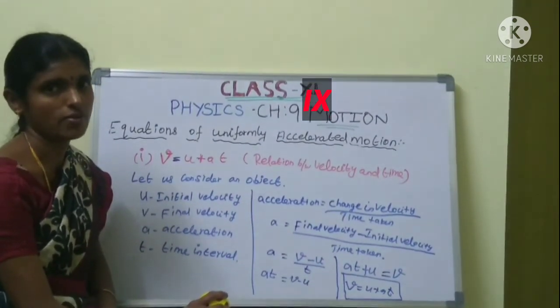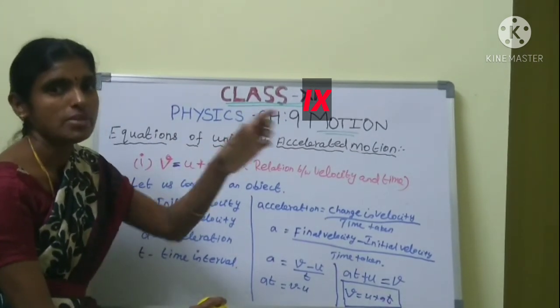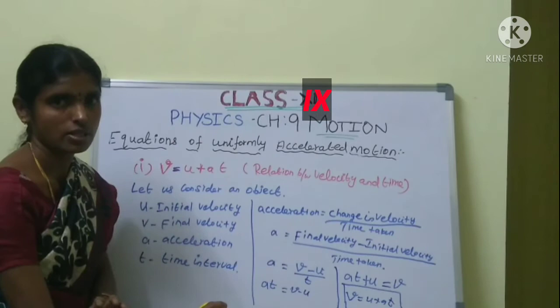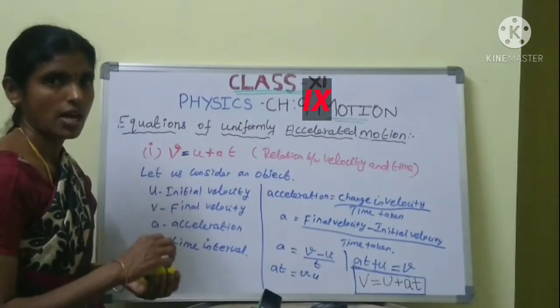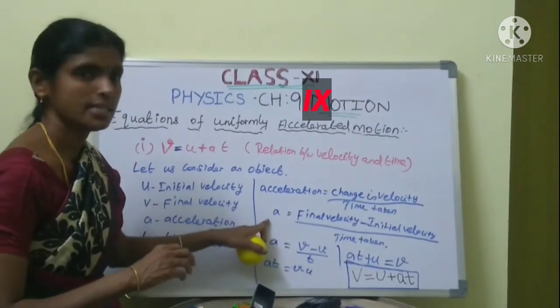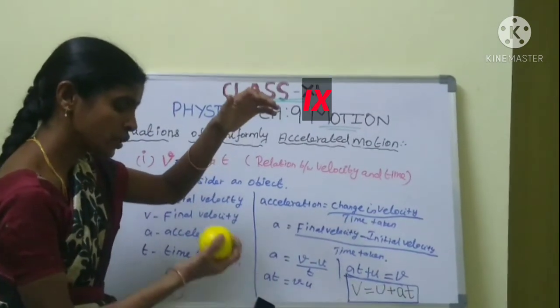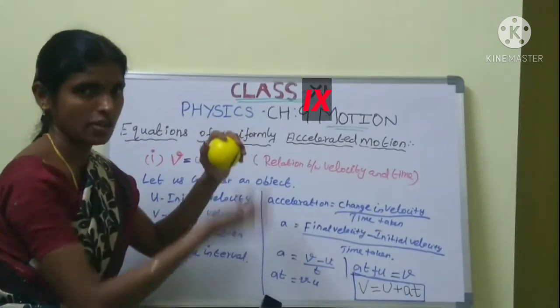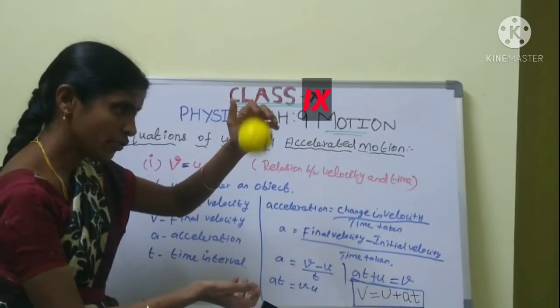We know this very well. What is the rate of change of velocity? Equal intervals of time, equal intervals of velocity. Are you clear? Now acceleration, we can say a. Next, change in velocity means final velocity minus initial velocity.